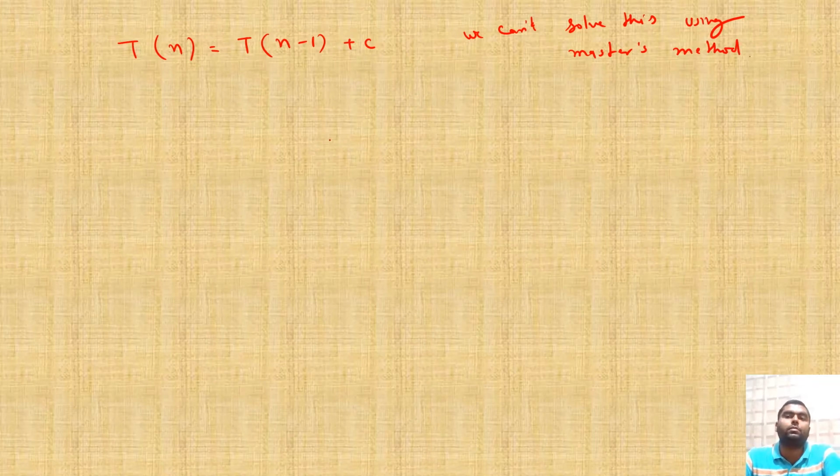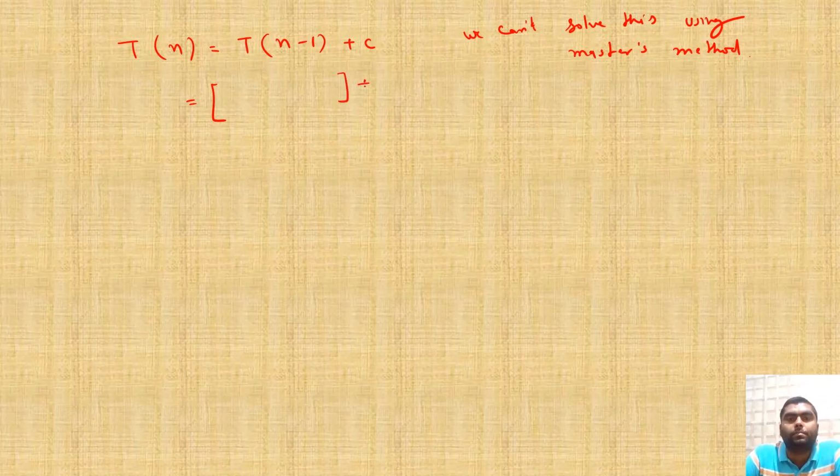We cannot solve this particular recurrence relation using Master's method because it is not in the form T of n equals a times T of n by b plus some function f of n, which is a polynomial time function. So the method applicable here is the substitution method. So just substitute the values and nothing else.